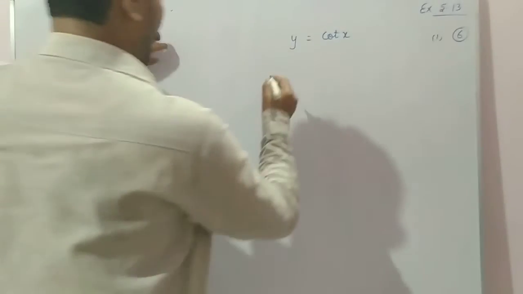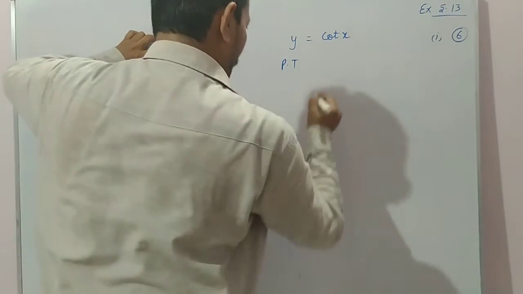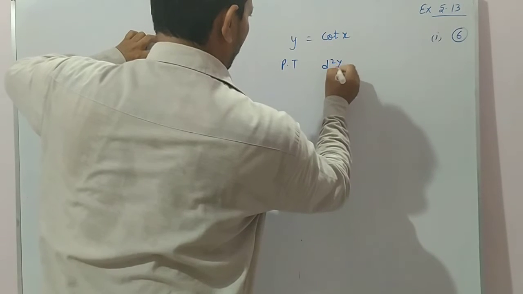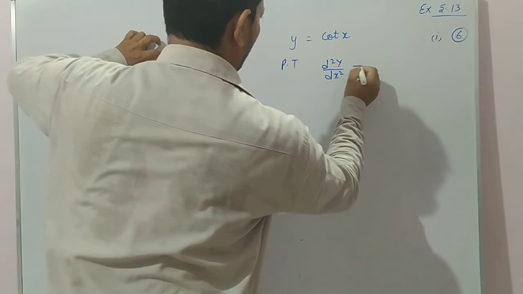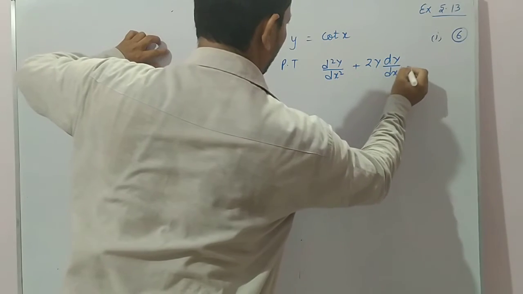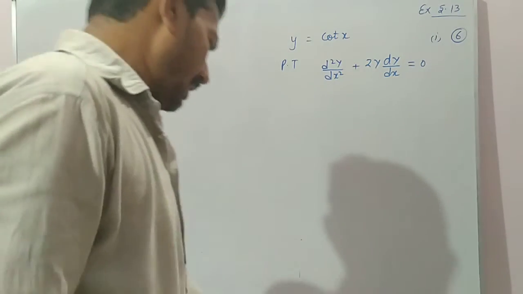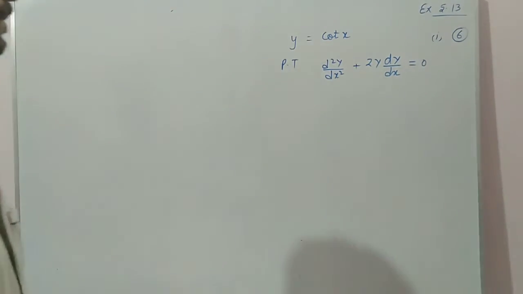We have to prove that d2y by dx square plus 2y dy by dx equal to 0.